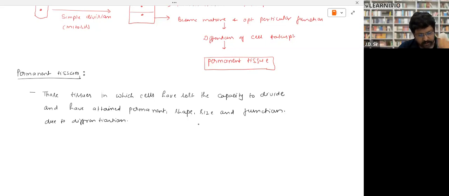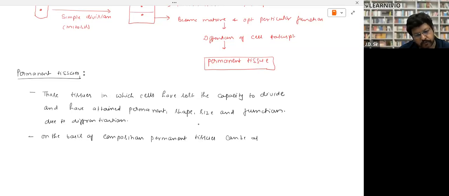On the basis of composition, permanent tissues can be of two types.